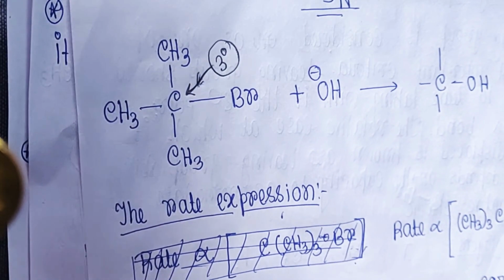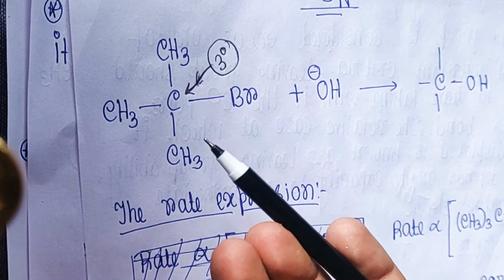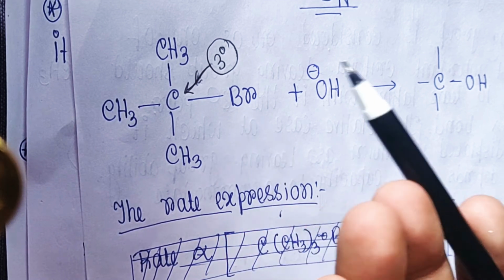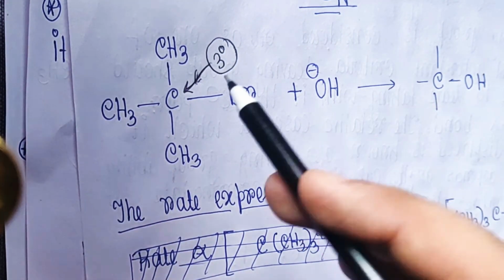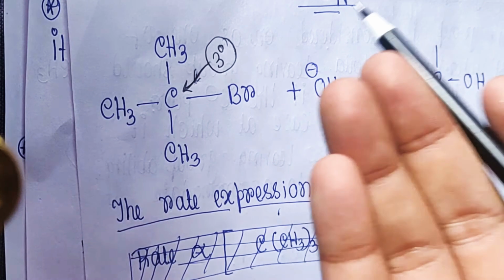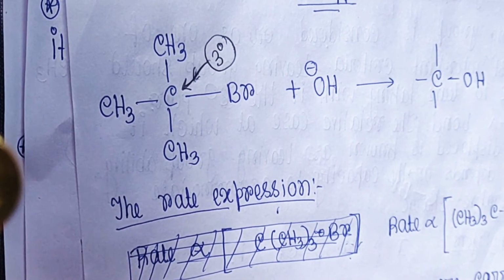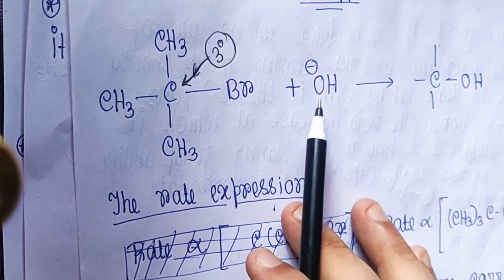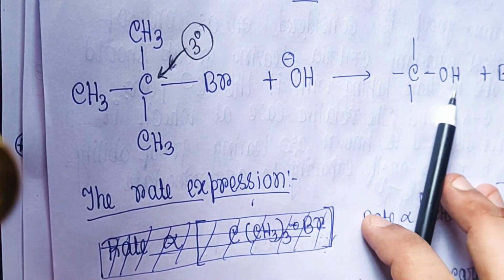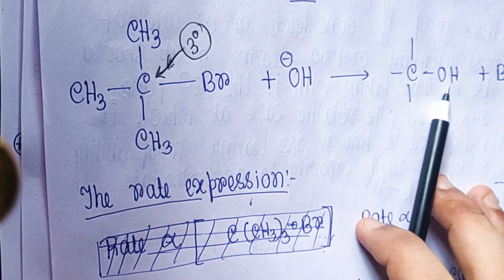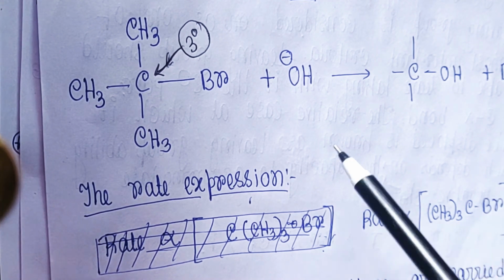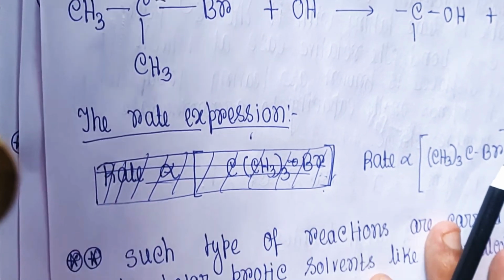As you can see, a 1 degree radical undergoes the SN2 reaction. Then what happens for 3 degree radicals? For 3 degree radicals, you will see that it gives our expected products, but via a different type of mechanism.